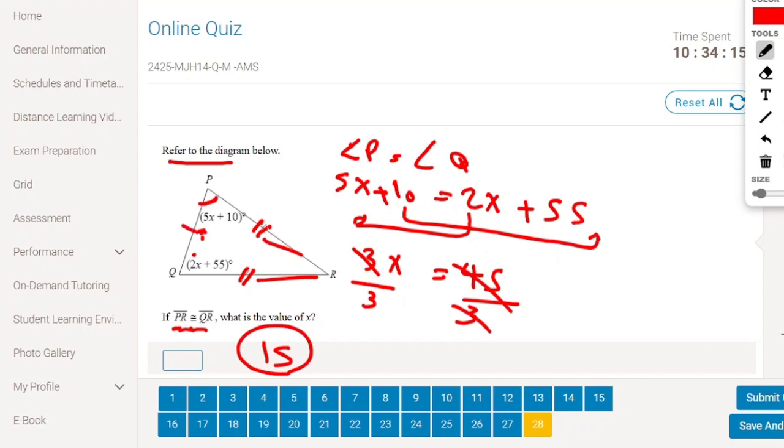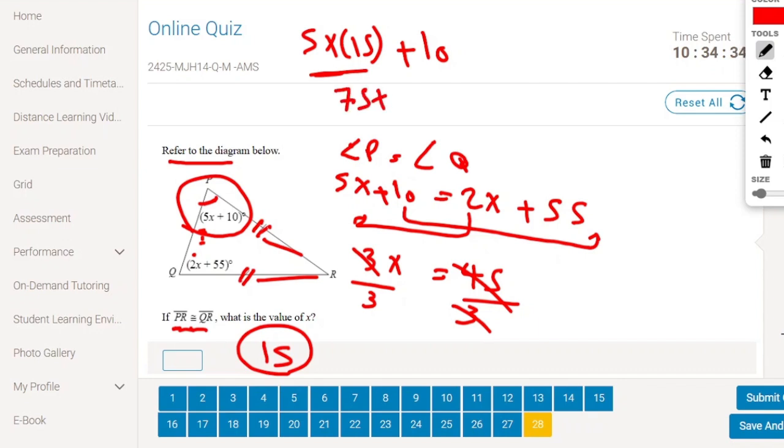Now what is the measure of angle B? It will be 5 multiplied by 15 plus 10. 5 times 15 is 75, plus 10 equals 85.